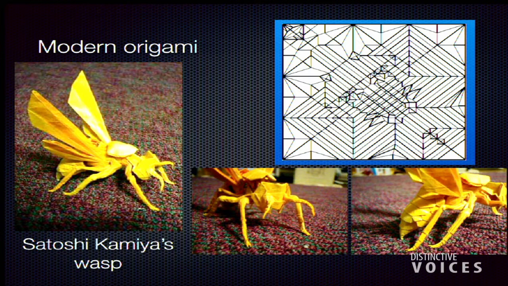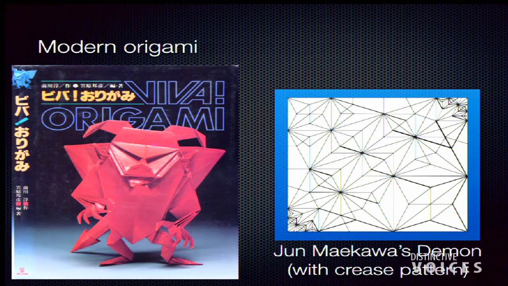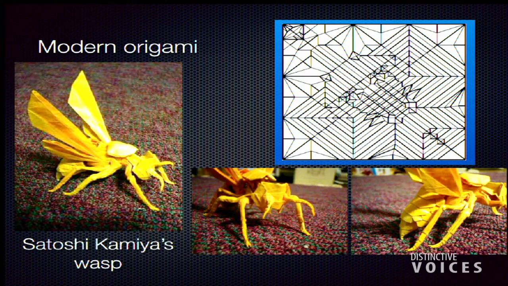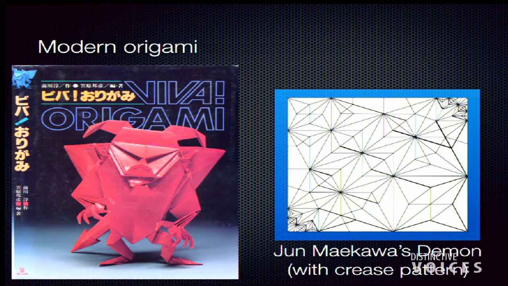Before this there were origami wasps. People had made origami insects a lot, but this is so much detail, it's kind of scary. And if you look at the crease pattern, this is just on another level of difficulty than this.